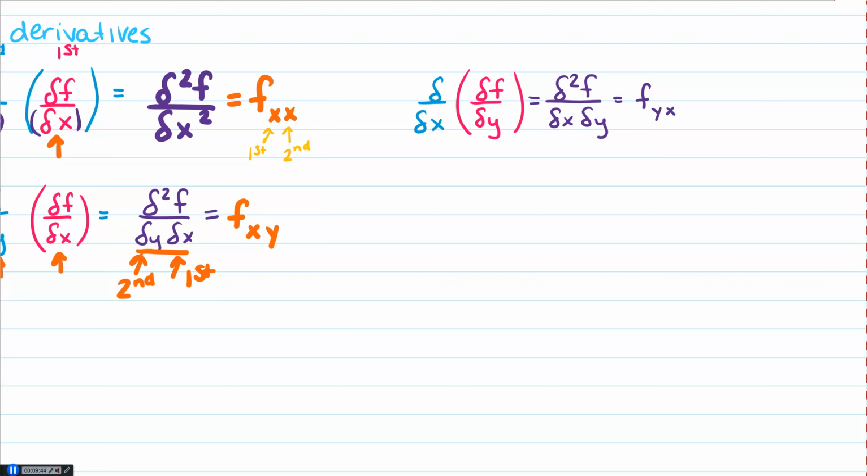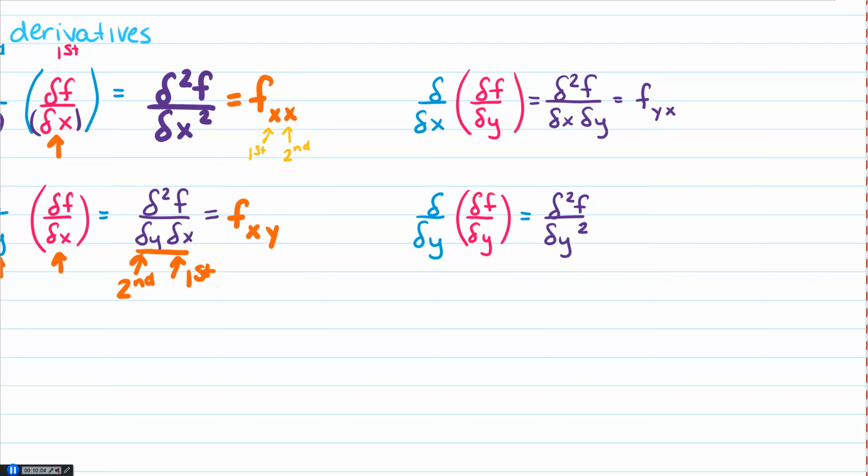And then lastly, if we do the derivative of f with respect to y first, and then after that do the derivative of that thing with respect to y again, then we would have the d2f dy2 notation.